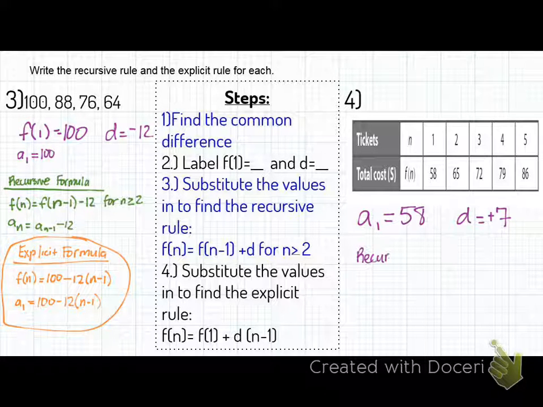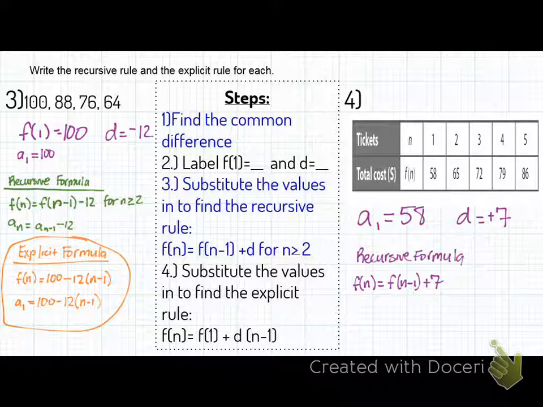f of n equals f of n minus 1. Okay, so you said f of n is equal to what? f of n minus 1 plus 7. Good. That means we can figure out any number by looking at the number before it and adding 7.